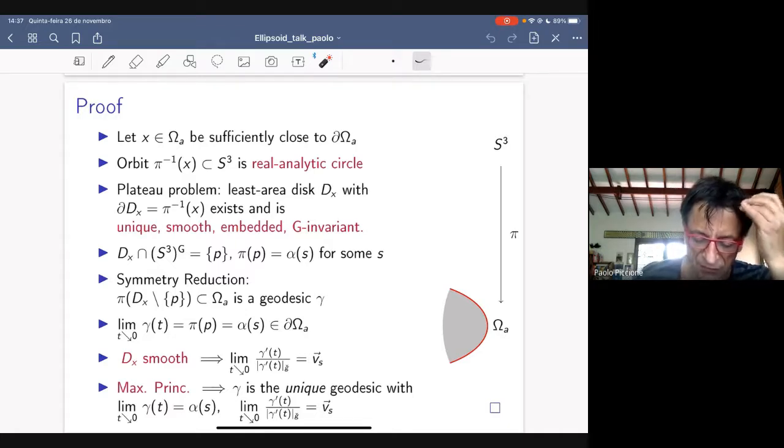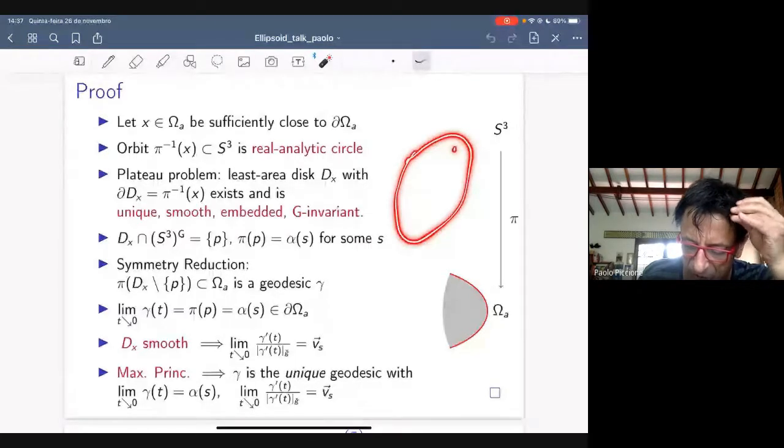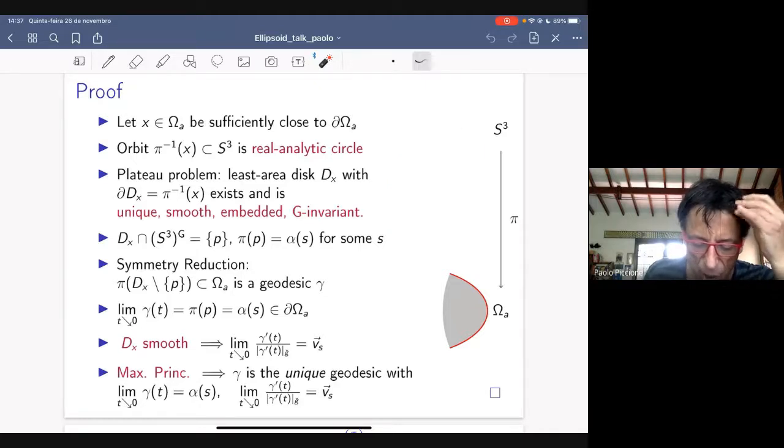And it's based on the following argument. Okay, you have this ellipse. You take a point which is very close to the boundary of this set. Okay, so its orbit in the ellipsoid.